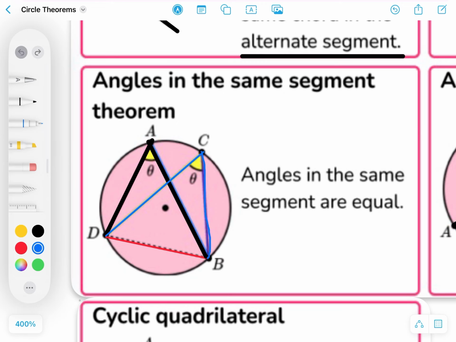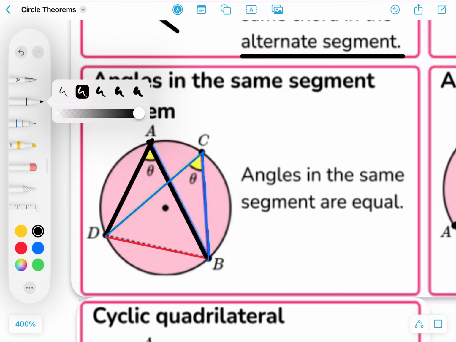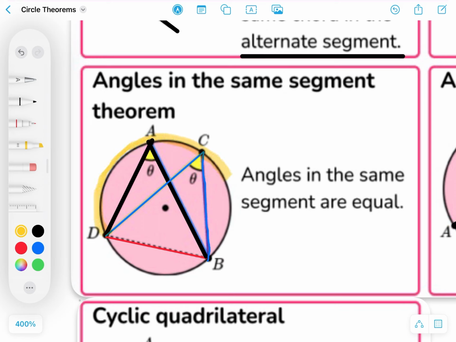And it's important to note that the points A and C must lie on the same segment, on the circumference. So you can see these 2 points both lie on the major arc DB.